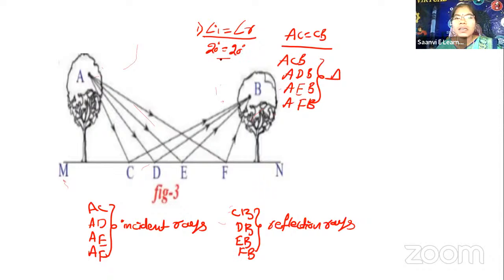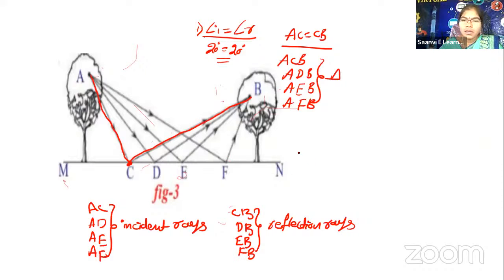If you take AC equal to CB, check why: because it is very near to M. Is angle I equal to angle R or no? Then you can go to the next.